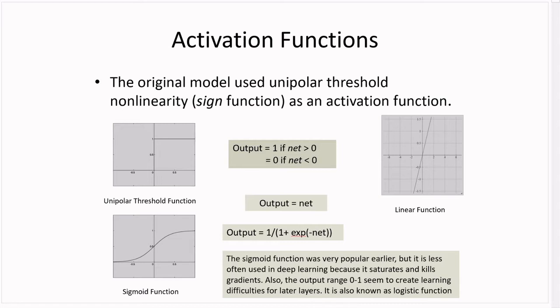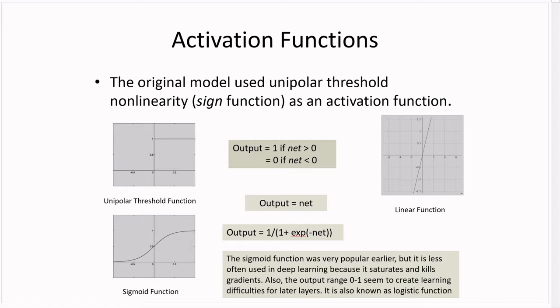So with sigmoidal nonlinearity, you have the output which lies in the range of 0 to 1, and you get continuous values in the range of 0 to 1, unlike the original unipolar threshold nonlinearity where only two output values were possible, 0 or 1.